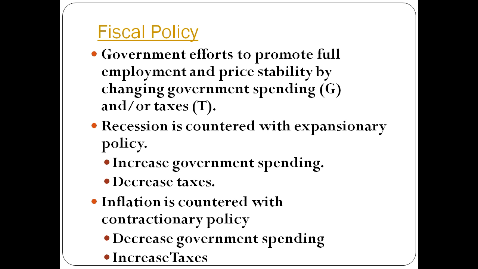With an expansionary fiscal policy, you're going to have an increase in government spending and a decrease in taxes. The government is spending a whole bunch of money but isn't bringing very much in, so an expansionary policy is going to create budget deficits.